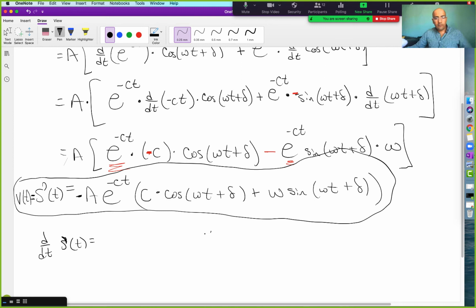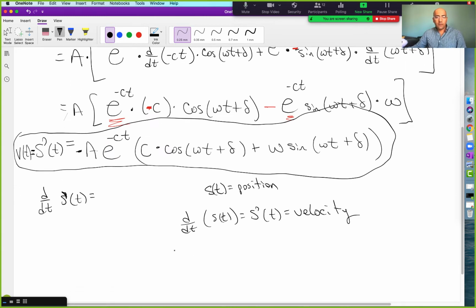Let me write that down. If we have s of t is equal to position, then the first derivative with respect to t of s of t, which we also denote as s prime of t, is equal to velocity.